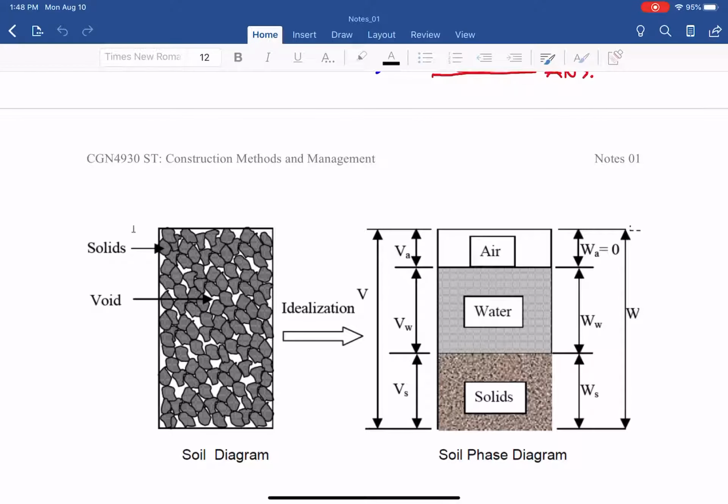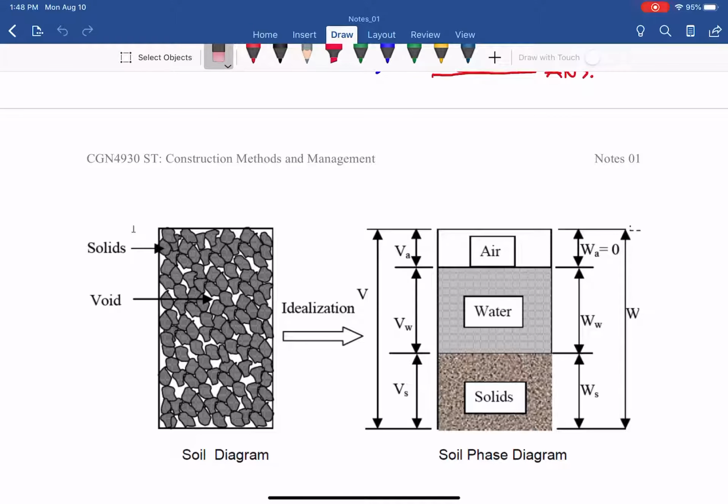The last topic that we do for lesson 1, which is the earth moving material, is we want to find out the weight volume relationship of the soil, and that basically we review what you did in Geotech 1.